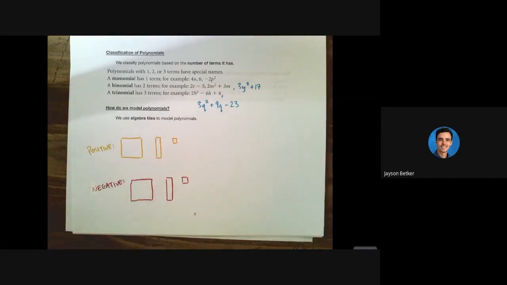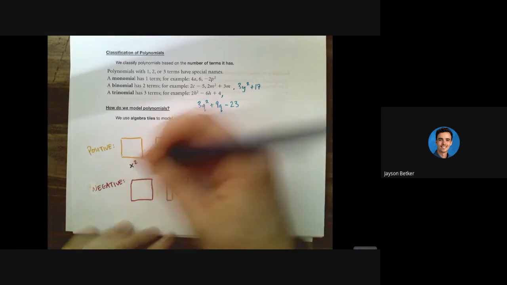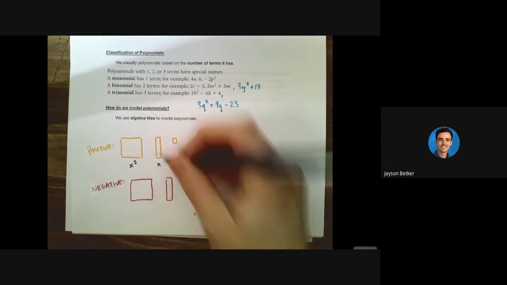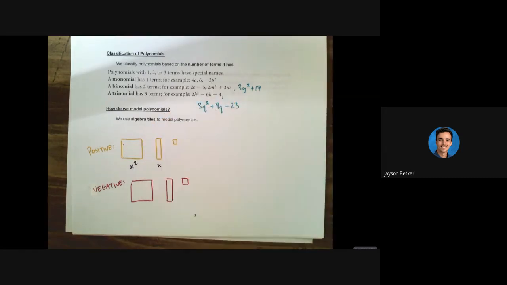Now, what do these mean? What do these represent? Whereas in base 10, this was 100, 10 and 1, now what these are is x squared. If that's x squared, that means that this is just x, right? This is x multiplied by x will give us x squared.